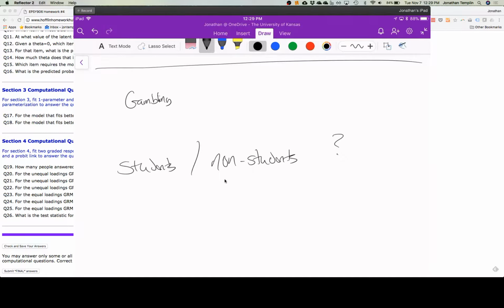That seems a pretty straightforward thing. If you just observed a person's latent variable, how would you test whether it was different across the groups? Let's say the mean for students is equal to the mean for non-students.